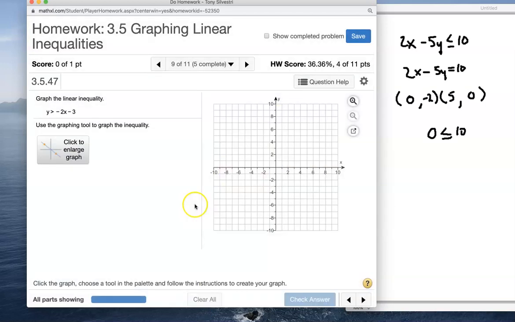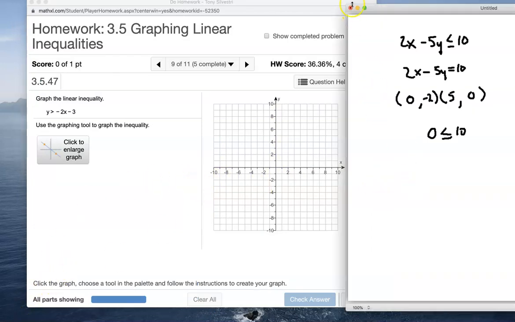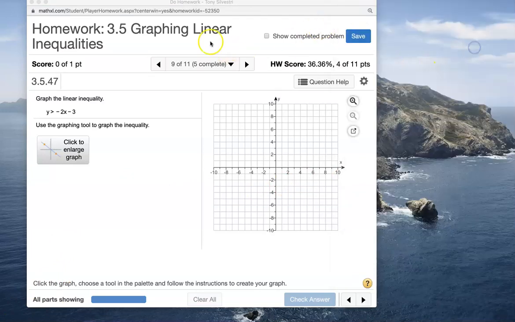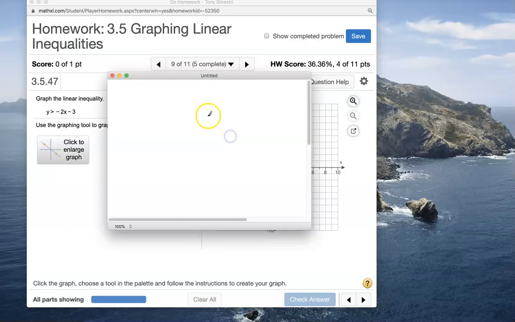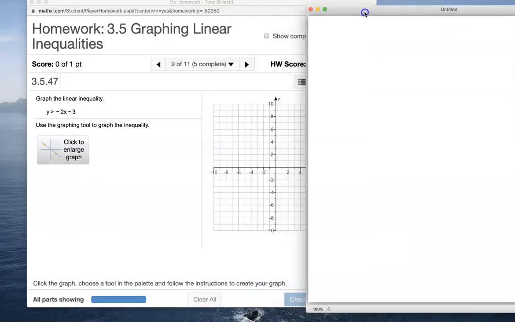So that's that. Let's start off with a sheet of paper. It's the same thing. Don't save. File, new. Okay. Come down here.